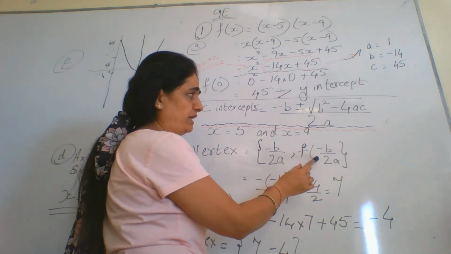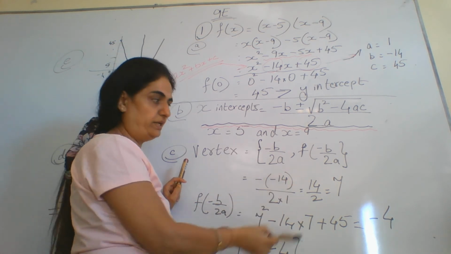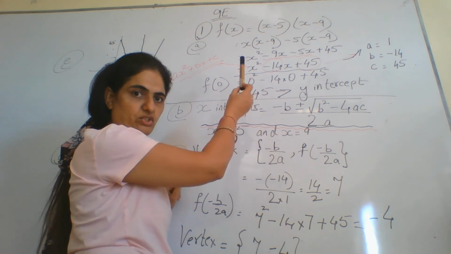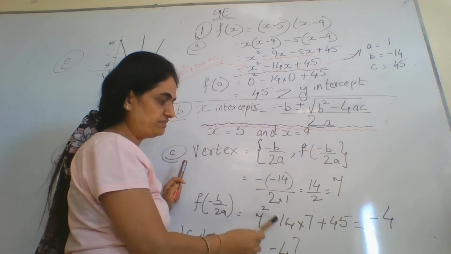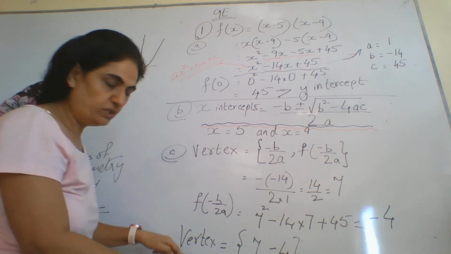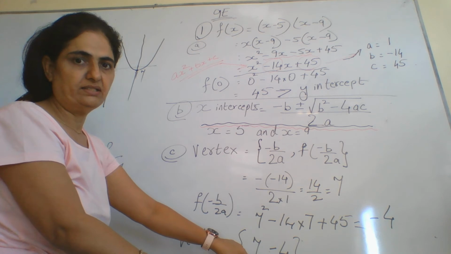This x, when I put it in this equation, I will get my y coordinate. So here I've got 7. Plug in 7 in this equation which has ax squared plus bx. So 7 squared minus 14 into 7, you'll get minus 4.